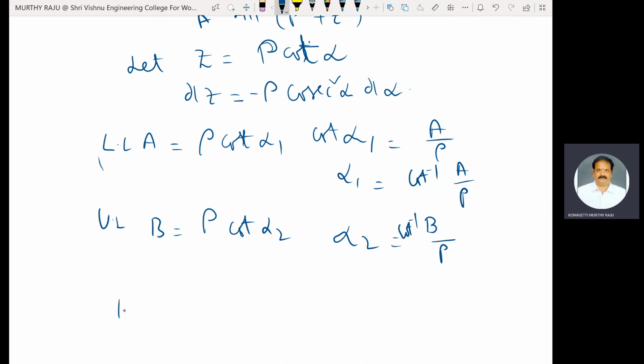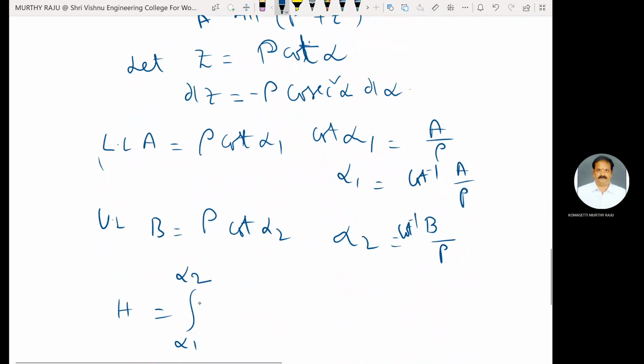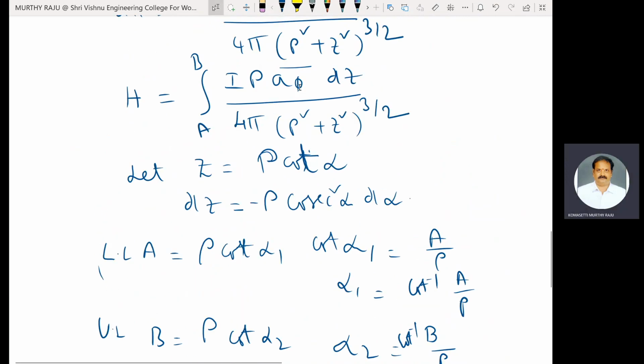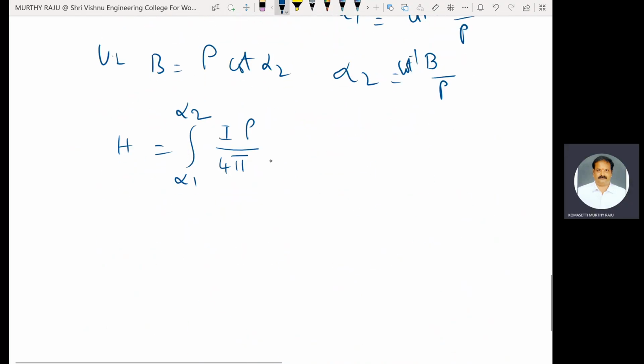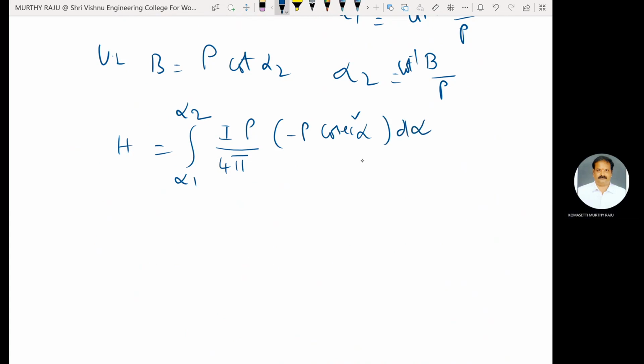Therefore, H is equal to the integral over the limits alpha 1 and alpha 2 of I rho by 4 pi, with dz equal to minus rho cosecant square alpha d alpha, times a phi, divided by rho square.